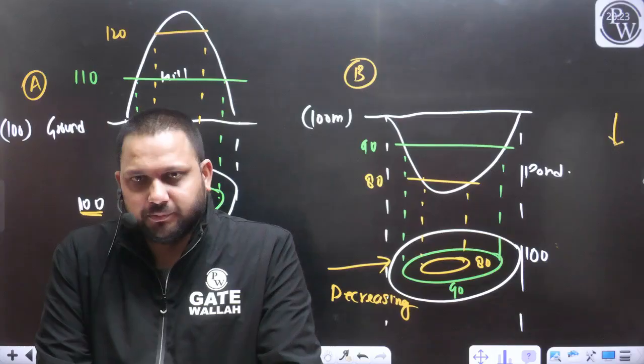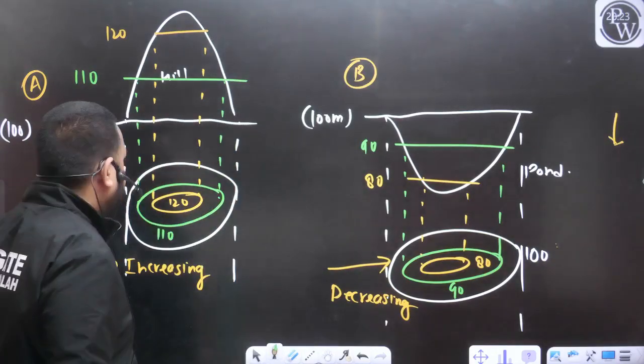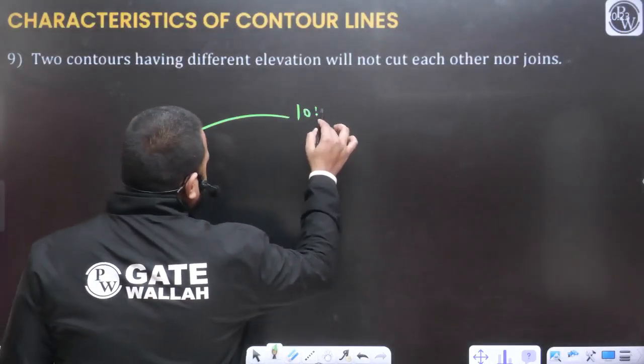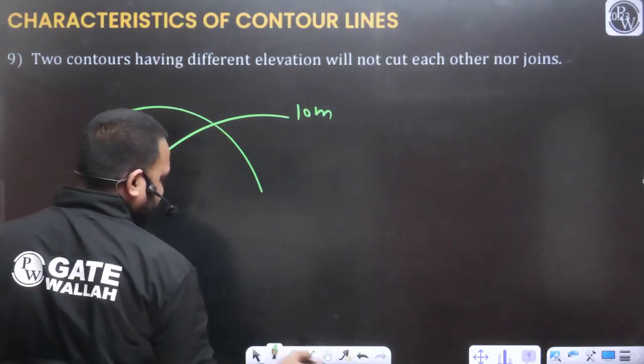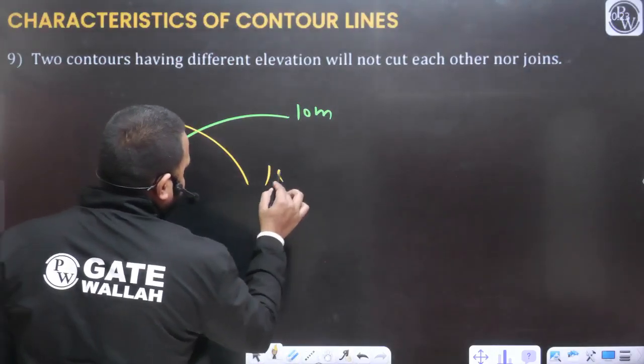How is it possible? Let's say, for example, this is the contour of 10 meter, and you are also saying this is the contour of 15 meter.